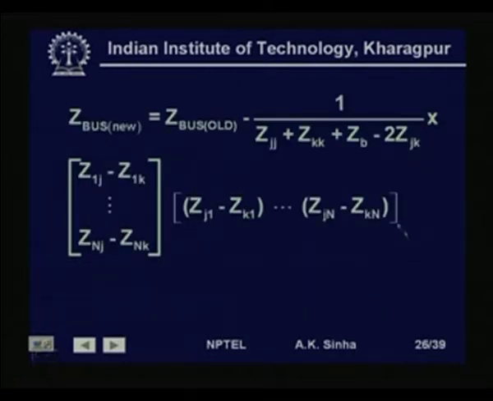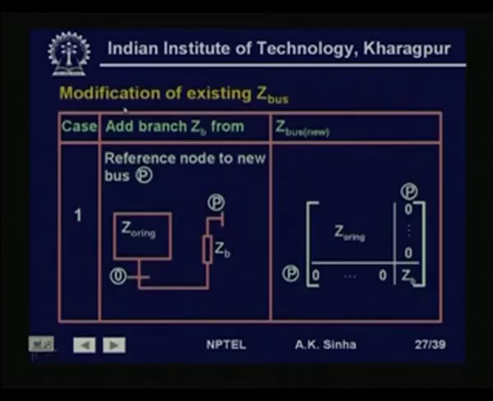This is multiplied by the n by 1 column, which is the jth column minus the kth column, multiplied by the 1 by n row, which is the jth row minus kth row. So this whole term is going to be an n by n matrix, which we are subtracting from the old n by n matrix, and therefore the new Z bus is going to be an n by n matrix.